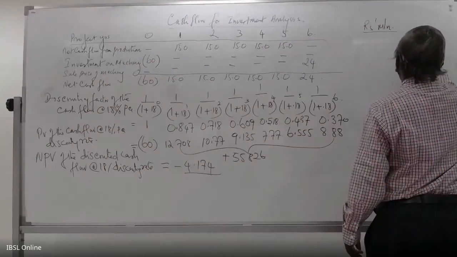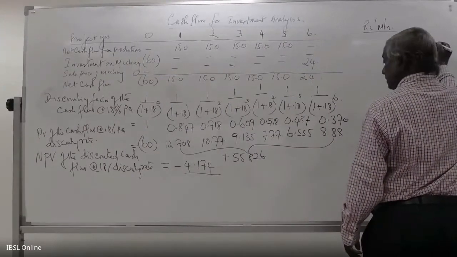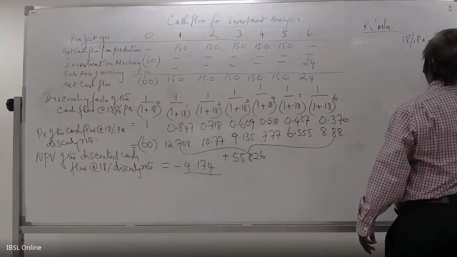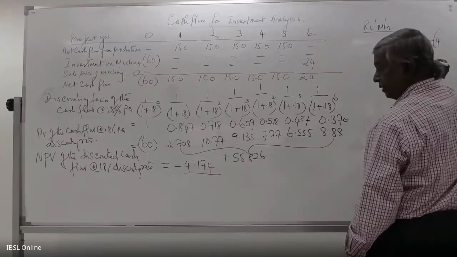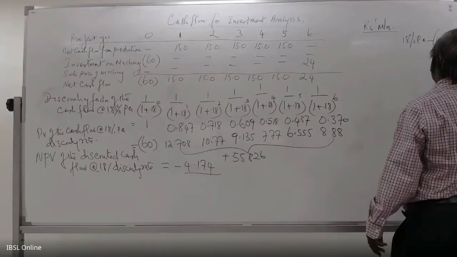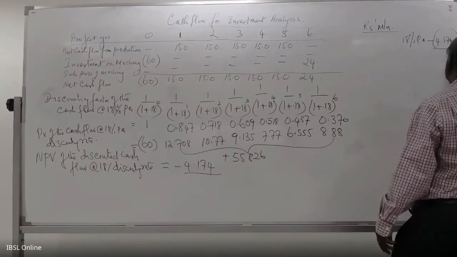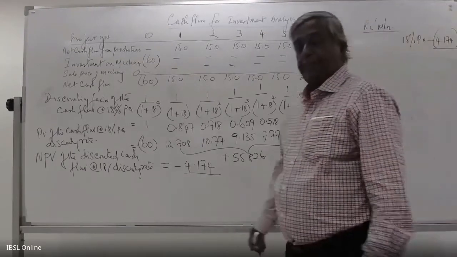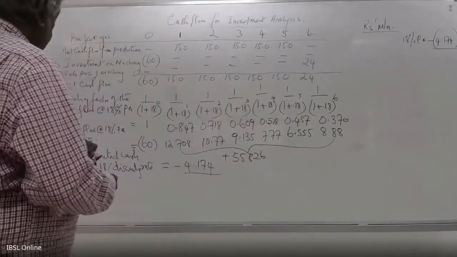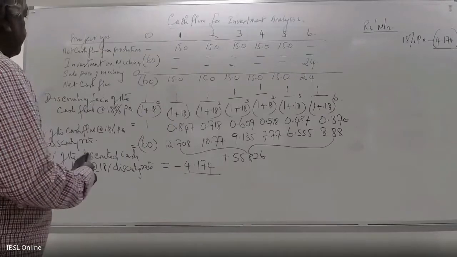At 18% per annum, it is minus 4.174. Now we do it at 13% interest, to see whether it is worthy. Please do it yourself.